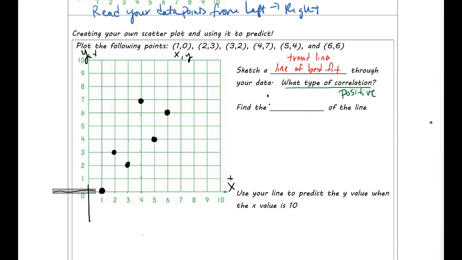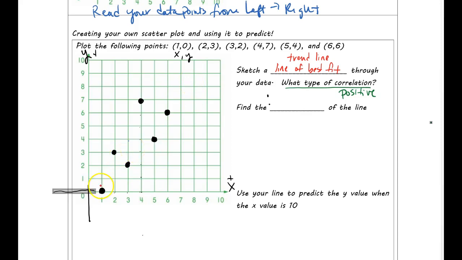But who knows? Okay, so a trend line or a line of best fit. Now, this just means that when you look at all these points, if you had to draw a line through the data, what would be a good line that goes through all of these points? And it's not going to go through all of the points, but you want it to look like it's a good representation of the points.